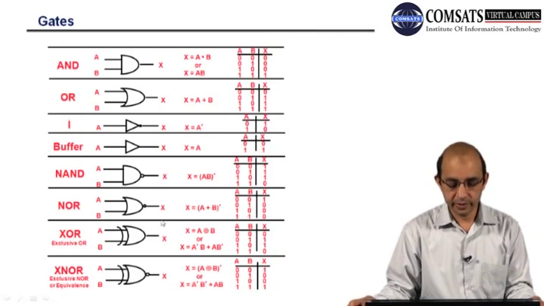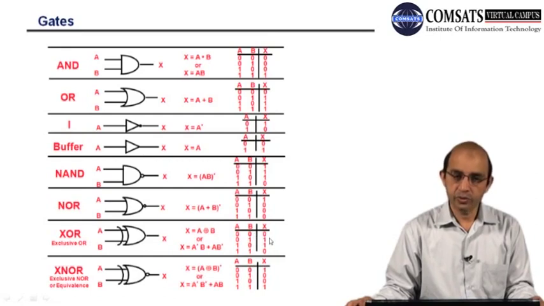So NOR is a logic gate that is 1 sensitive, NAND is 0 sensitive, and XOR, if we have to define it in words, we can say that we will get a high output when one of the inputs is high but not both, right?